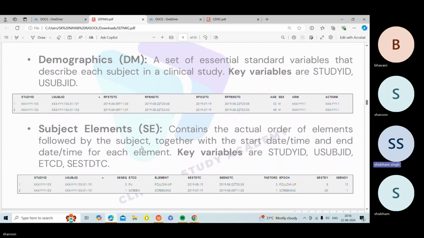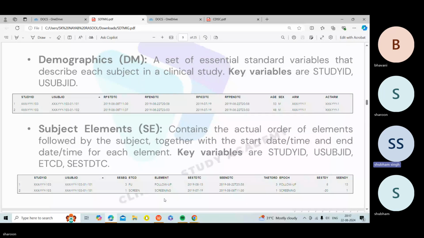But what does subject elements contain? It contains the element followed by the subject. Element means which part of the clinical trial the subject is in, like follow-up phase, screening. You can see there is a variable named element. It shows follow-up, and the next it shows screening.